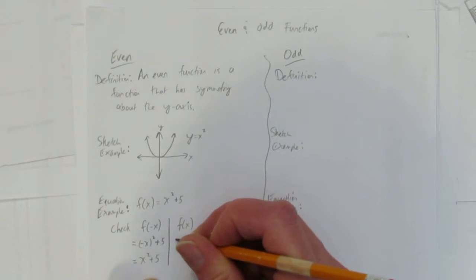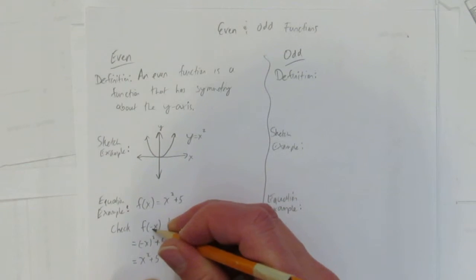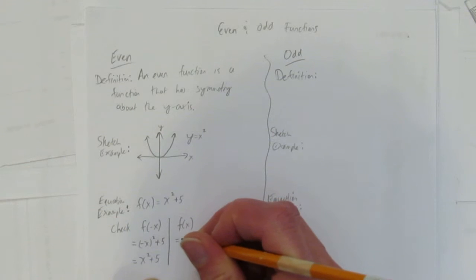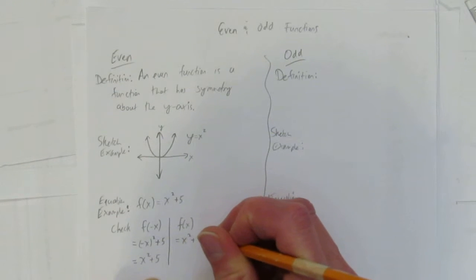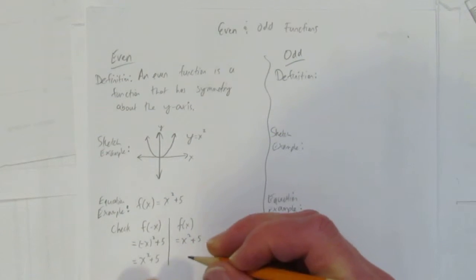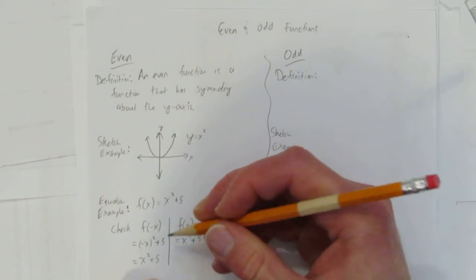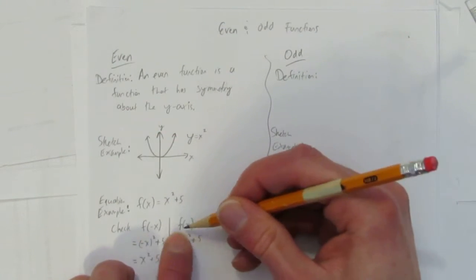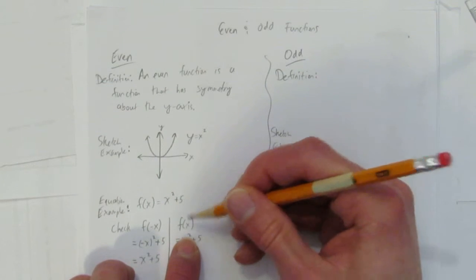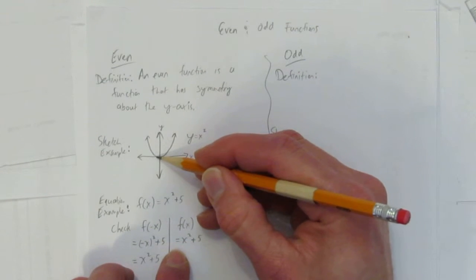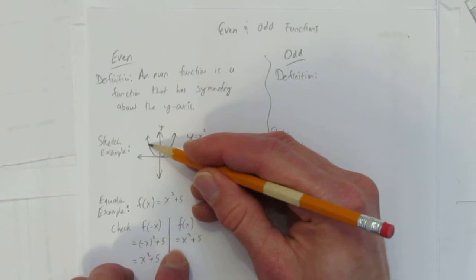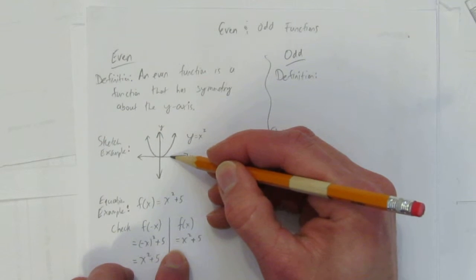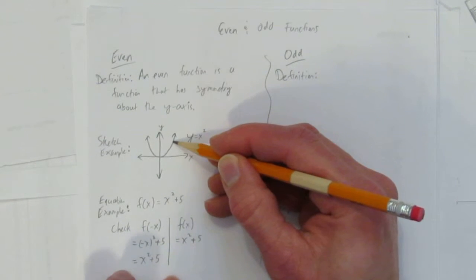This algebraic method then compares this f at negative x to the original equation. And if they're the same, then the function is even. Look what that means. It means that if you go left, say negative 2, you get the same as if you go right, positive 2. That's just like this one. If you go left, negative 3, and check out the y value, you should get the same thing if you go right 3 and check out the y value.